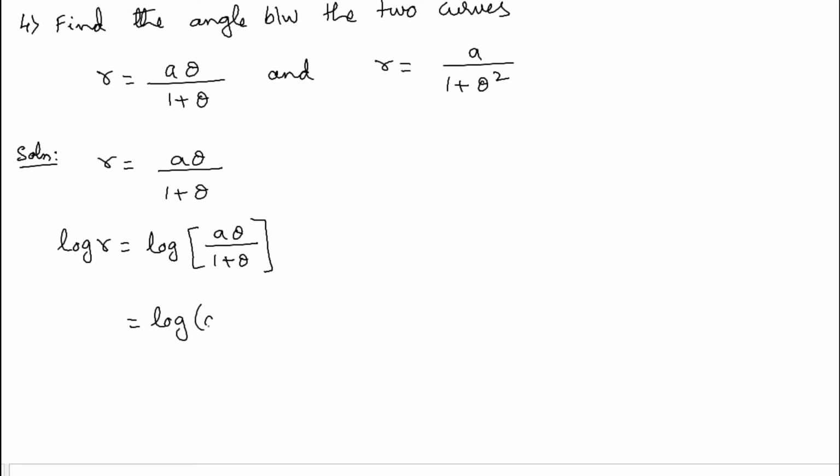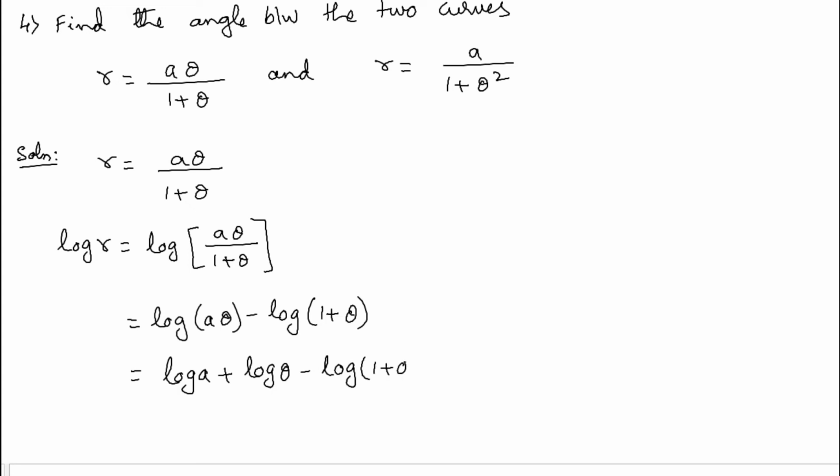So log of aθ minus log of 1+θ. Further, using the property log mn as log m plus log n, this can be written as log a plus log θ minus log of 1+θ.